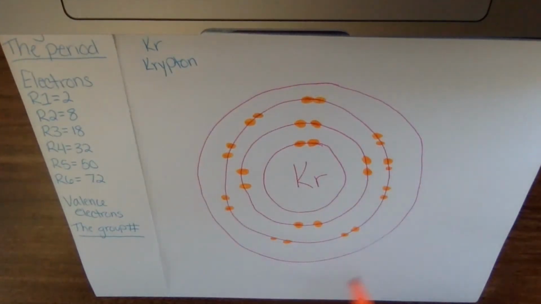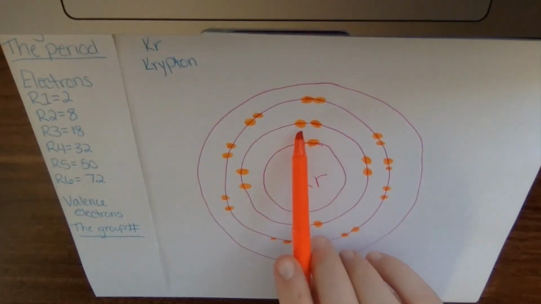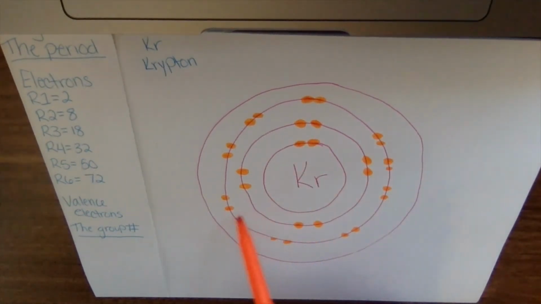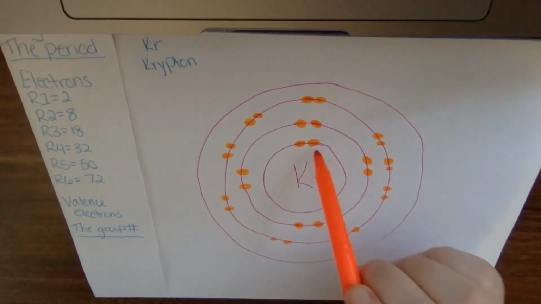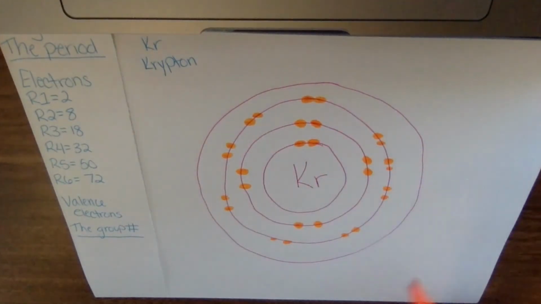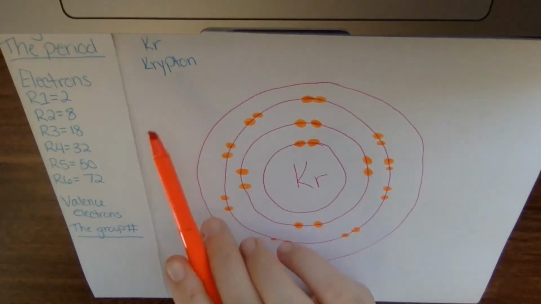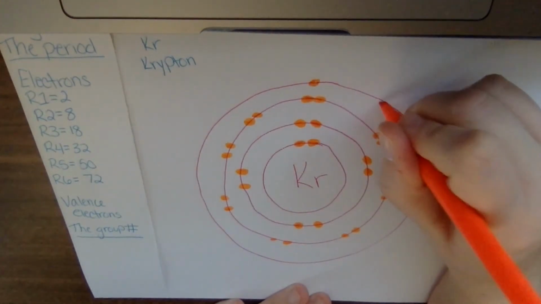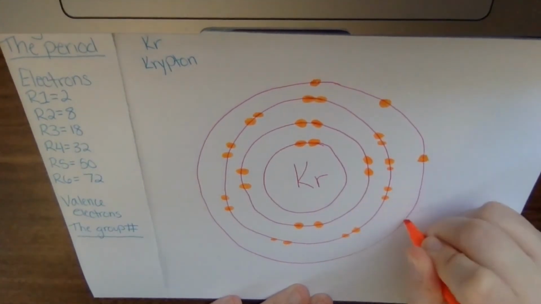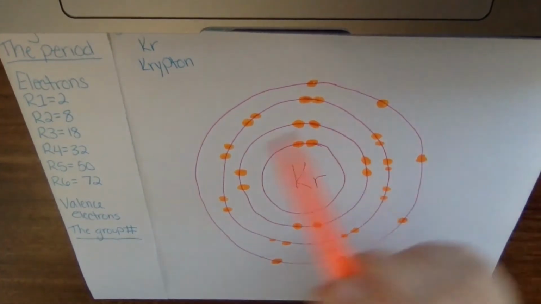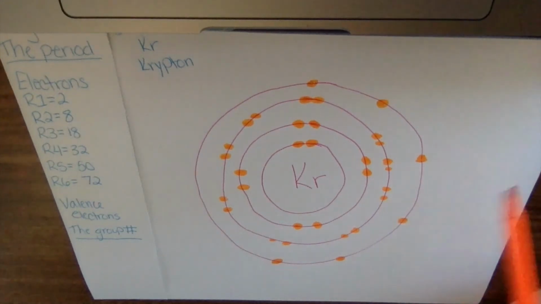So I have 18, and then 20, 22, 24, 26, and then 28. So I need to do this last ring with the remaining electrons. I have 28, and I need 8 more to get 36. So I'm going to put 1, 2, 3, 4, 5, 6. So now I have 36 electrons total.